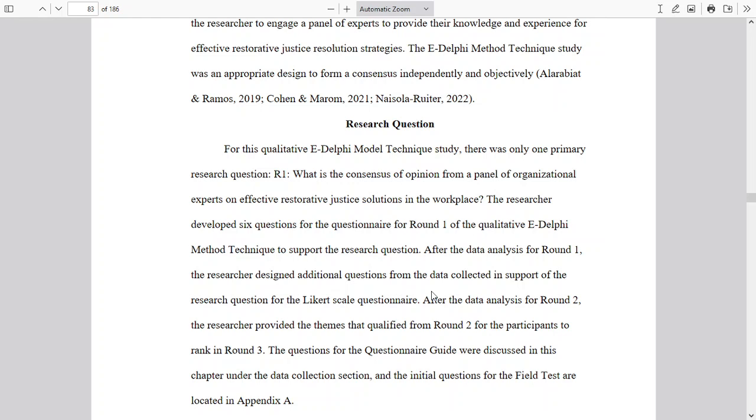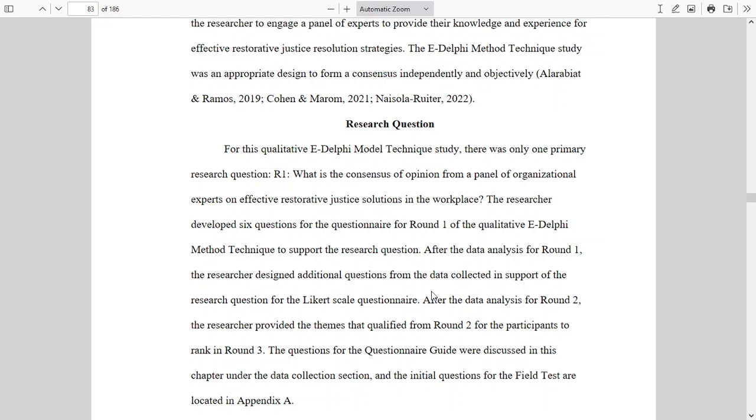After the data analysis for round 1, the researcher designed additional questions from the data collected in support of the researcher's question for the Likert scale questionnaire. After the data analysis for round 2, the researcher provided the themes that qualified from round 2 for the participants to rank in round 3.